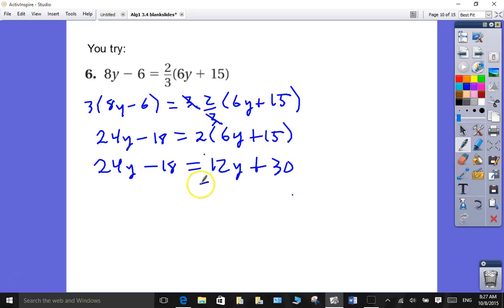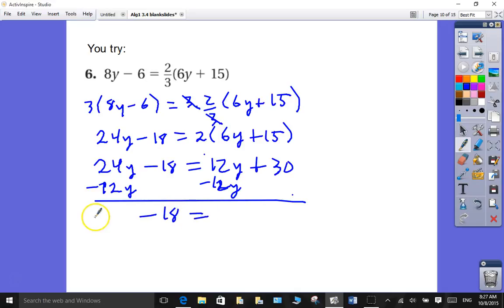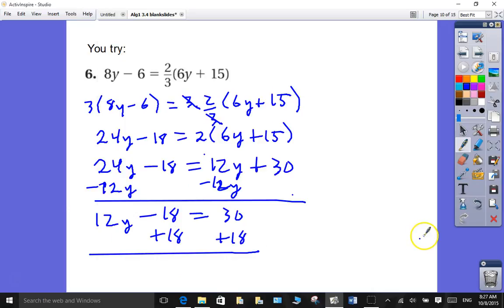Subtract 12y: 12y minus 18 equals 30. Add 18: 12y equals 48.